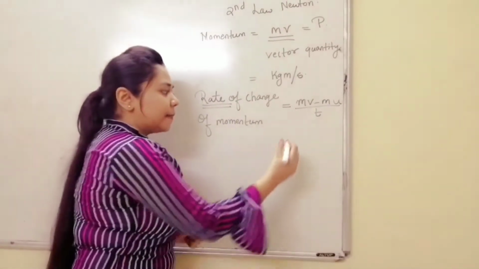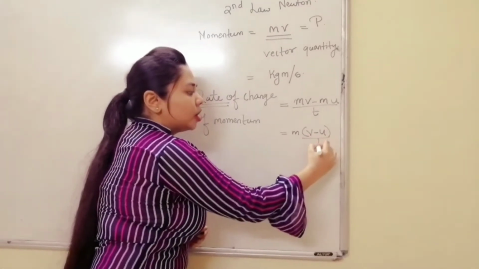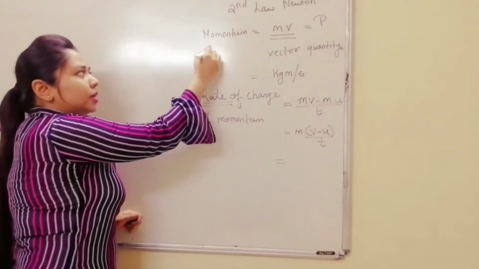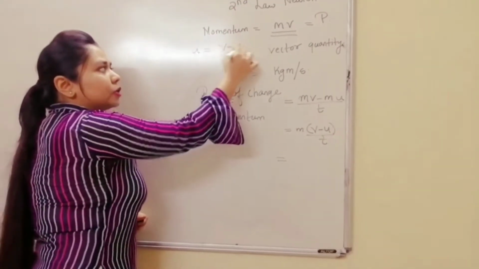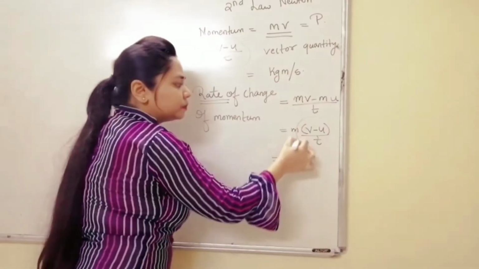Let us take m common here. It becomes m times (v minus u) upon t. Now do you remember the formula of acceleration? What was it? a is equal to v minus u upon t, and this particular thing you can see here.